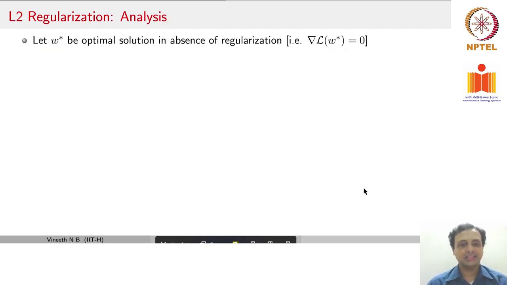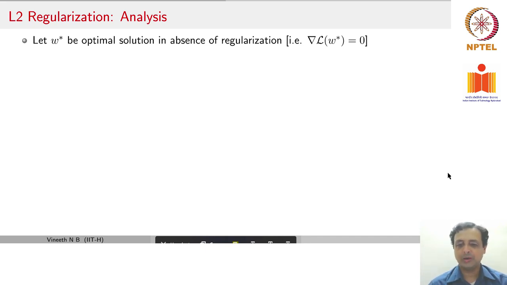Let's do some analysis of this regularization to understand what is really happening. Let's first talk about it conceptually, intuitively, and then we'll go over one mathematical way of looking at what's going on in regularization. We just said some time back that the shape of the L2 norm ball can help you understand what you're doing with regularization.